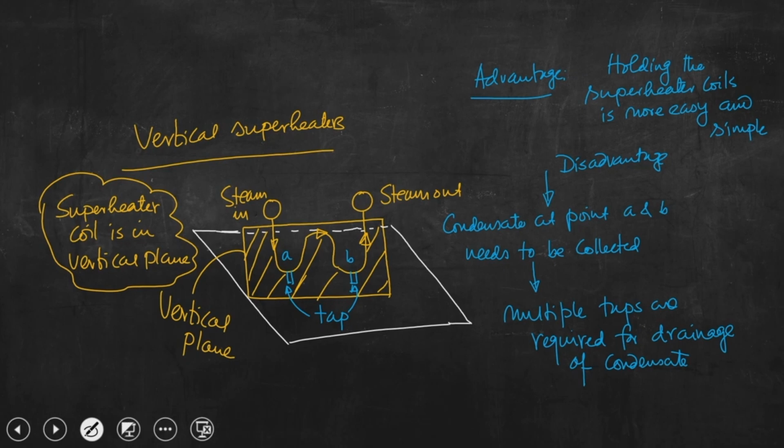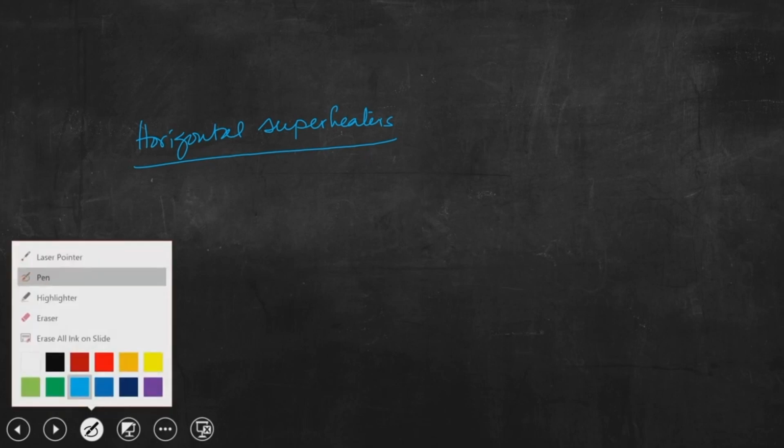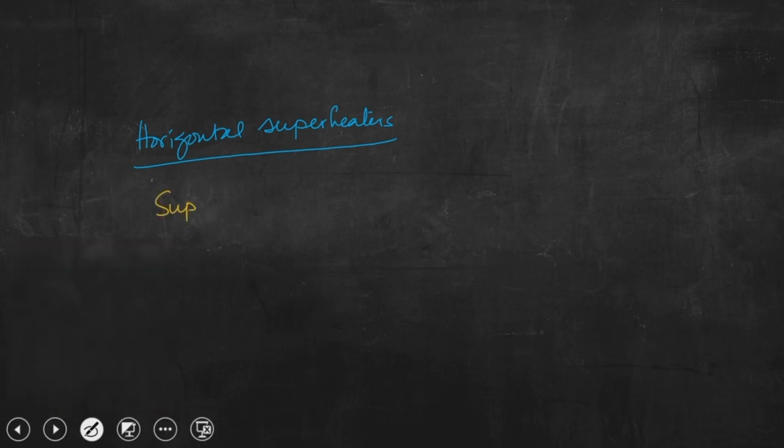Now let us briefly discuss the horizontal superheater. In a horizontal superheater, the superheater coil is in the horizontal plane.